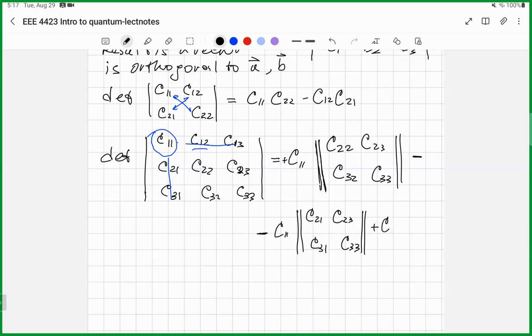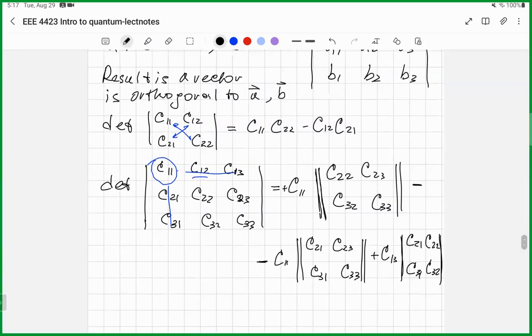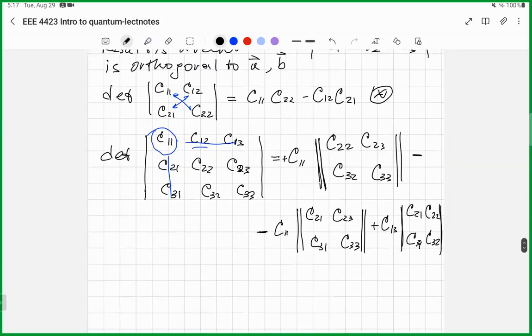So let's put plus (1, 3), and the corresponding minor, which is C12, C22, C31, and C32. And then each of these determinants of the minors, you can use the formula above to represent this as a final formula for the determinant.